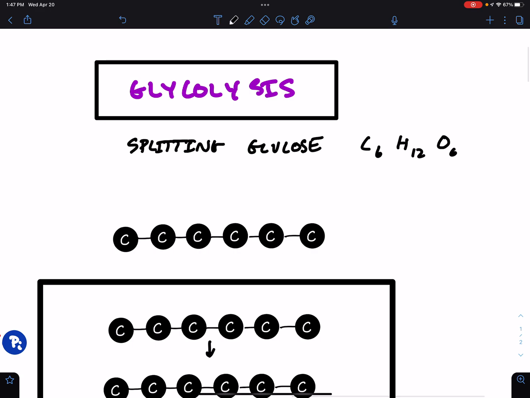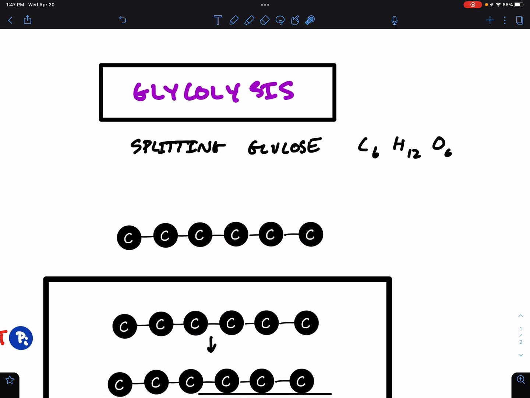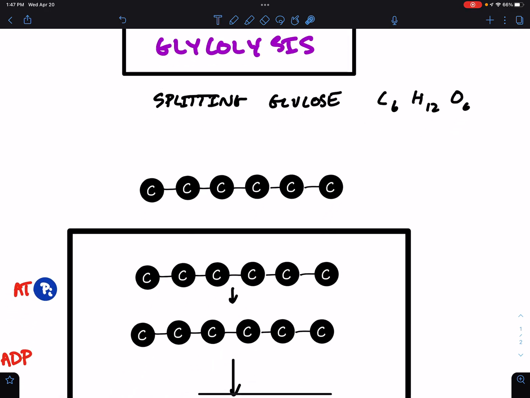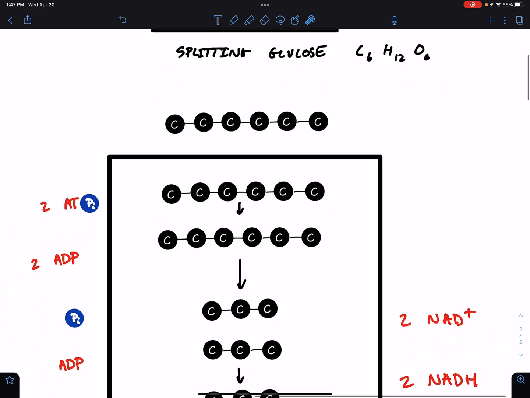I am going to represent glucose starting out here as just carbons. I'm only going to show the carbons moving through the pathway, but know there are a bunch of functional groups hanging off of these in the form of hydrogen and oxygens. I'm just going to simplify it and not draw out the whole structure.